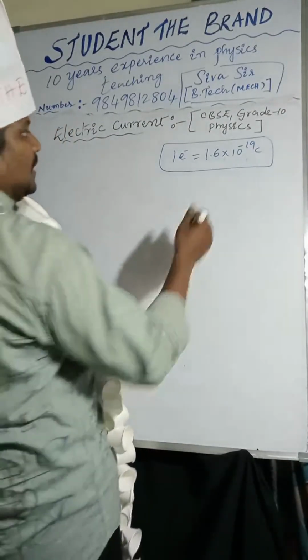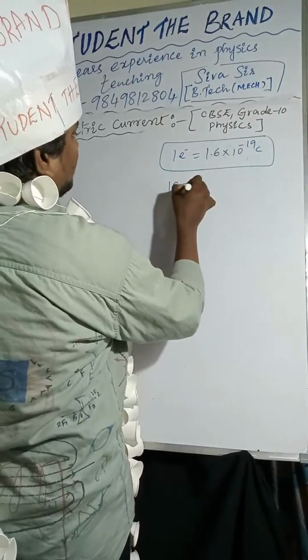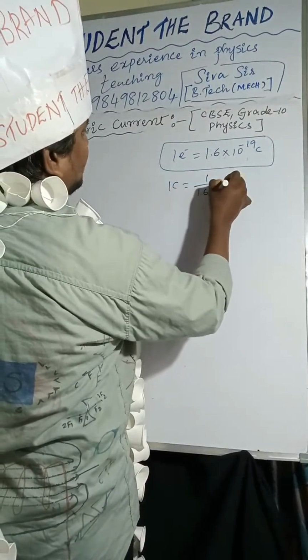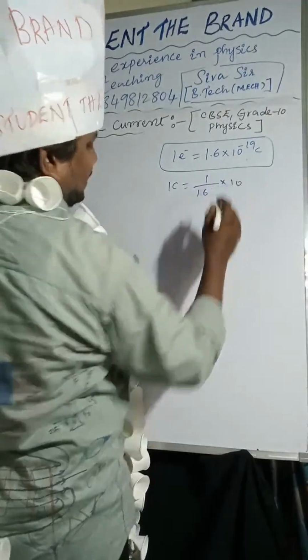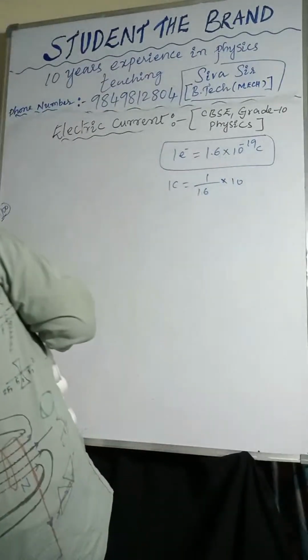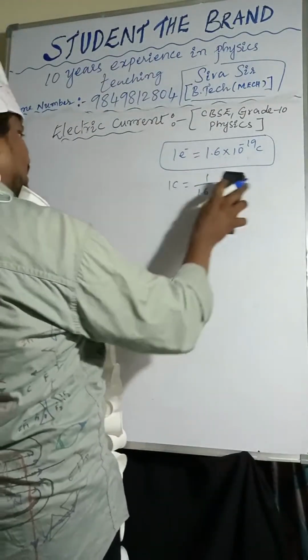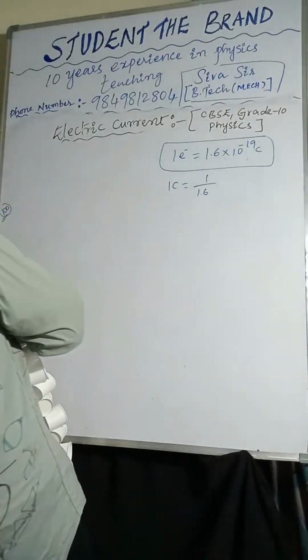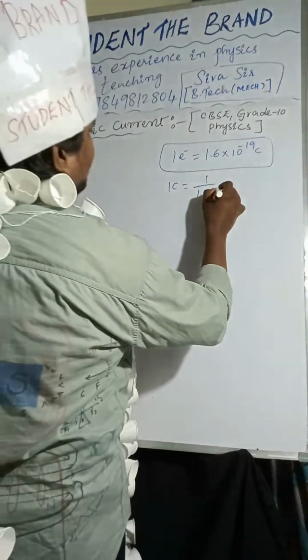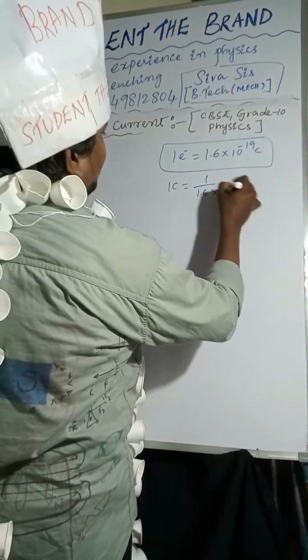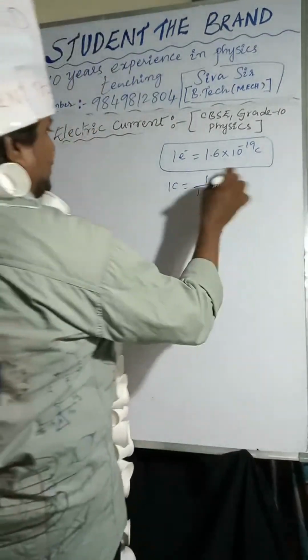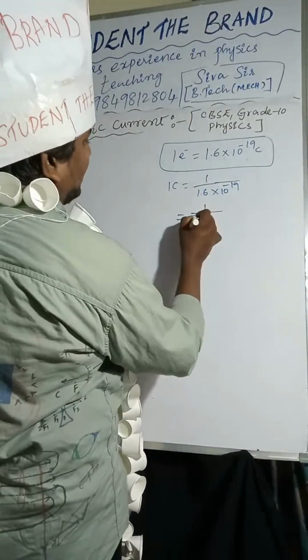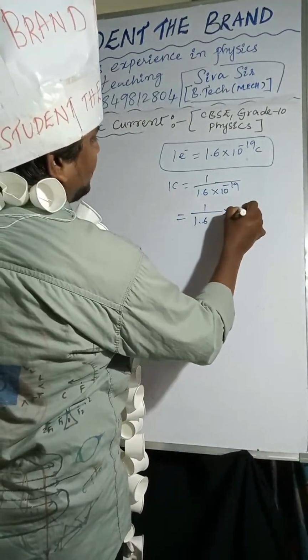So 1 coulomb equals 1 by 1.6 into 10 power minus 19, so it goes up as 1 by 1.6 into 10 power 19.